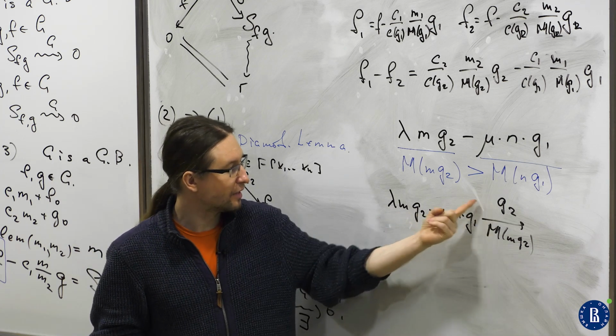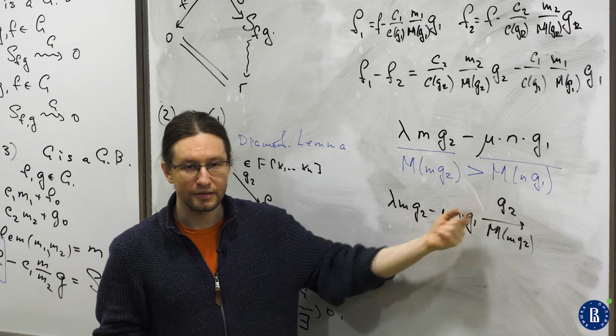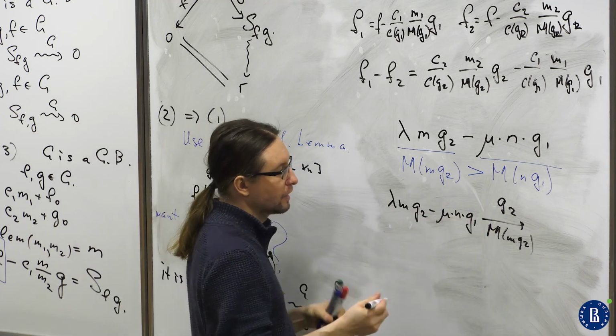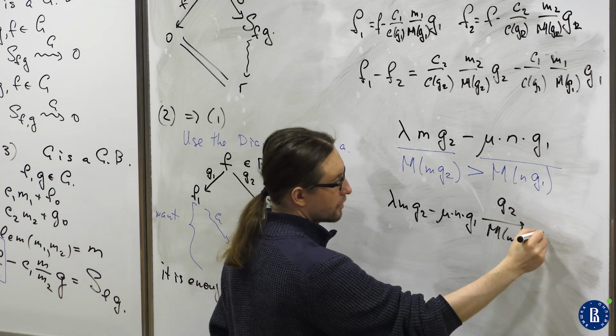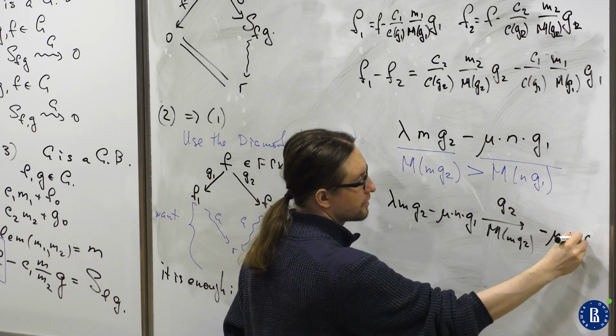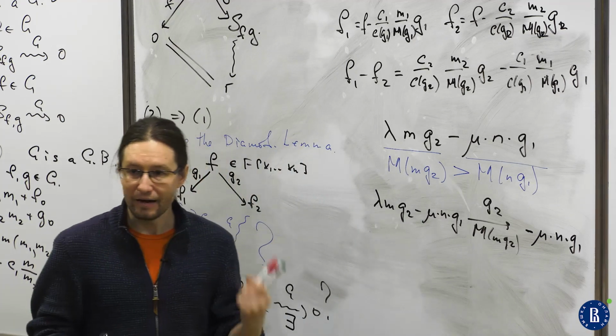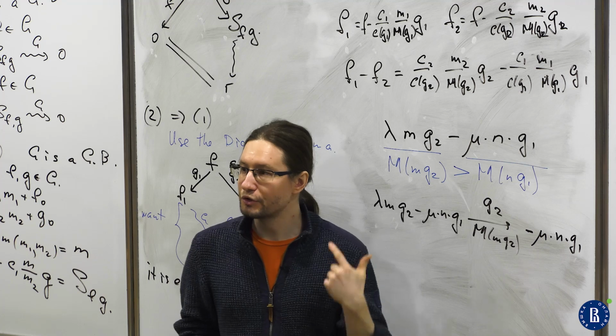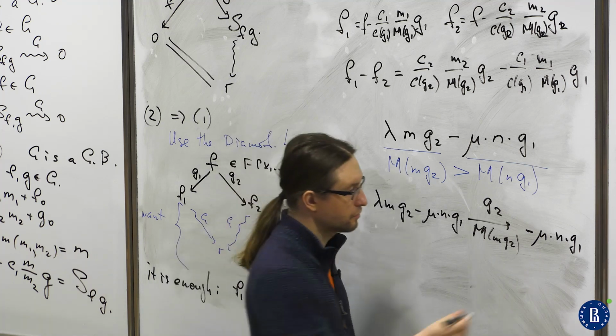We just multiply it by lambda m and subtract. So that's why the reduction of this expression by G2 leads to minus mu times n times G1. But now, since this is a product of G1 times a monomial, we can reduce it by G1 to 0.